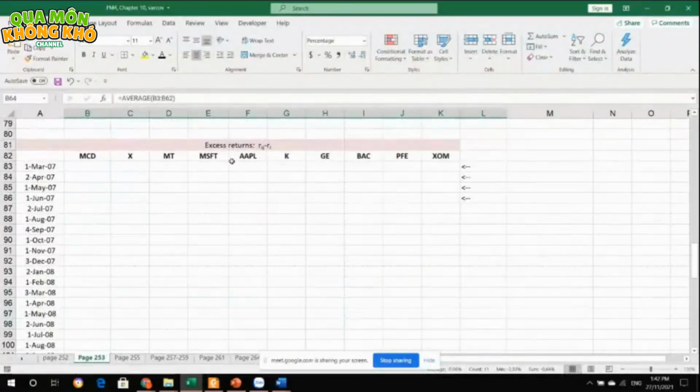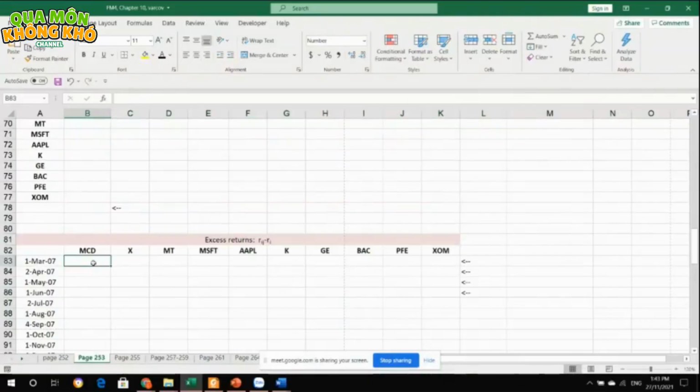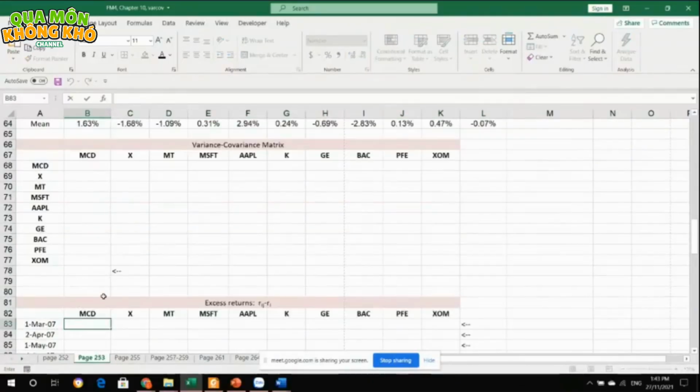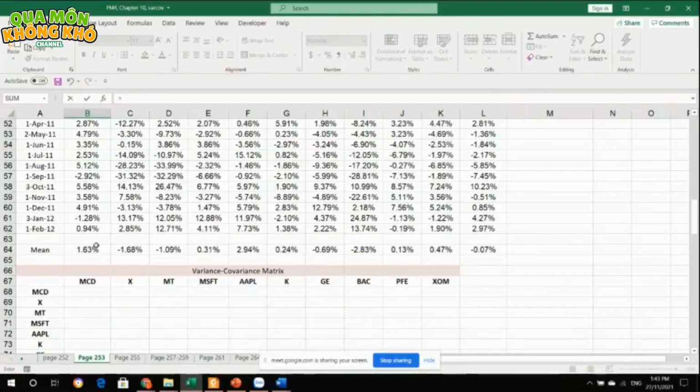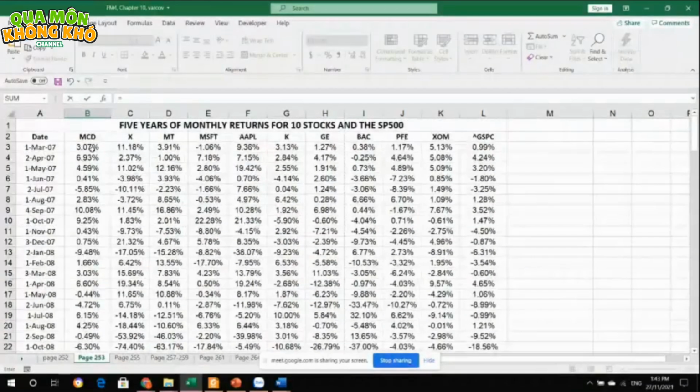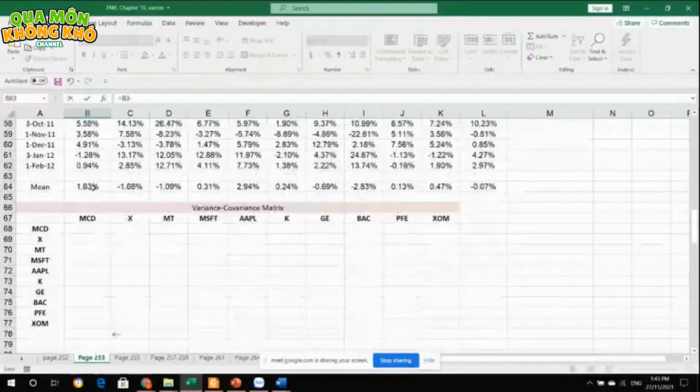And then we calculate the excess return. That means R_ij minus the mean, the R mean. That is minus the mean.